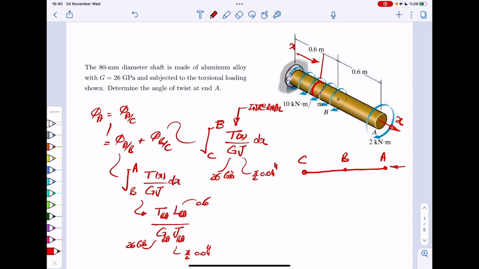From C to B, they are all also a few little minuses, but it's a distributed torque, right? So you expect that at C, you would have a torque which is positive, okay?